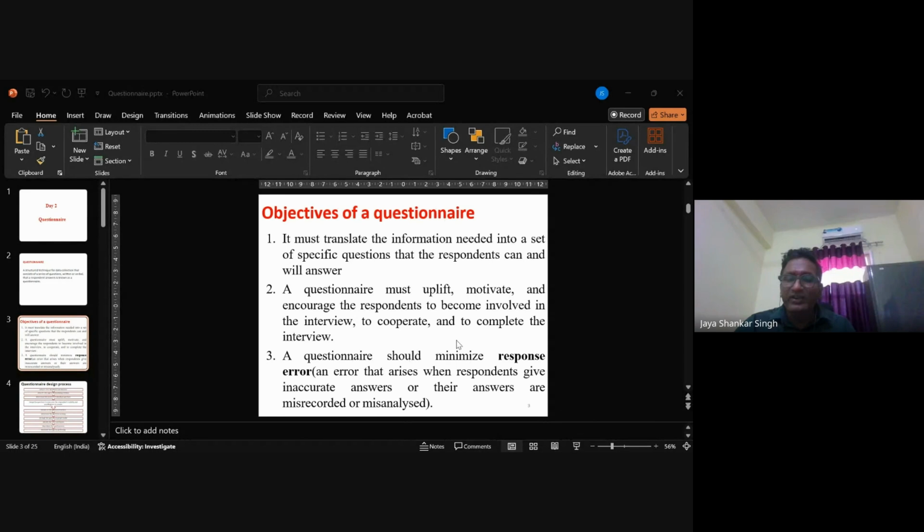There are different reasons why response error happens: the respondent gave an inaccurate answer, or as a researcher I misrecorded it, or I made an error while analyzing the data itself. Generally, we categorize error into two groups: response error and sampling error.